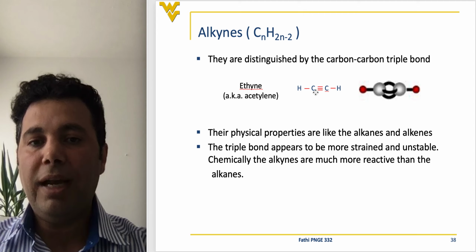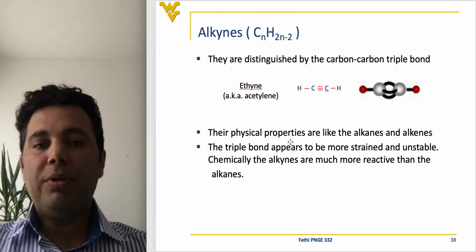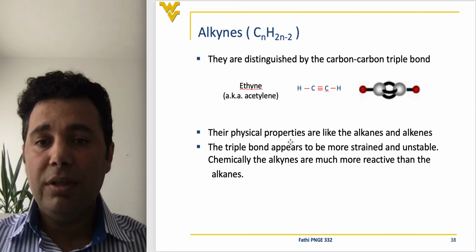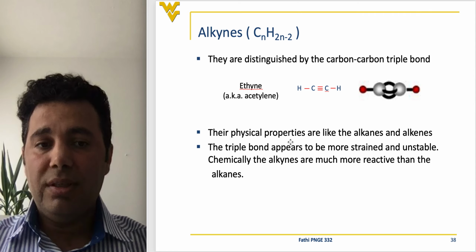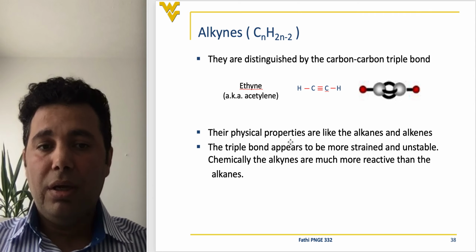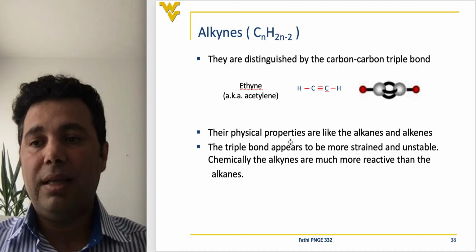I have 2 carbons, so it's ethyne. The physical properties are like the alkanes and alkenes. However, since they have triple bonds, they are more reactive. This chemical reactivity would be to break these triple bonds and make it like alkanes, having a single bond.